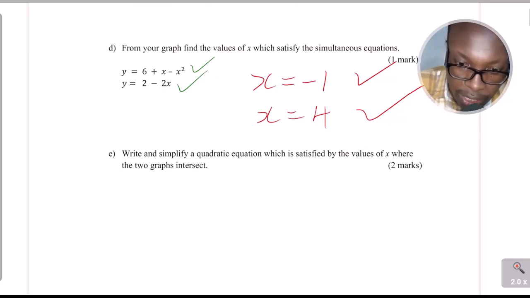x where the 2 graphs intersect. Now to solve this question, you're going to equate the 2 functions. The first function is y is equals to 6 plus x minus x squared.